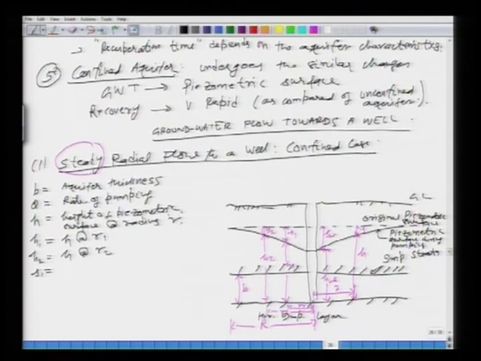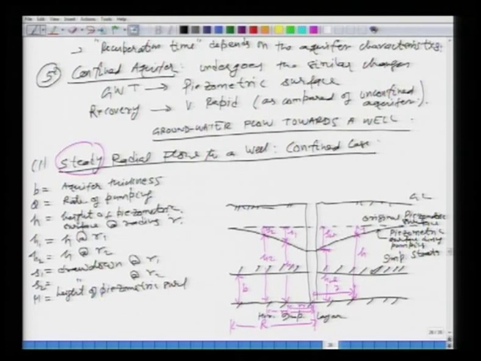Similarly, what is S1? S1 is your drawdown at radial distance R1, S2 is the drawdown at R2, right. Capital H is the height of the piezometric surface originally, initially, whatever you want to call it, or you say at R is equal to capital R, which is your radius of influence.